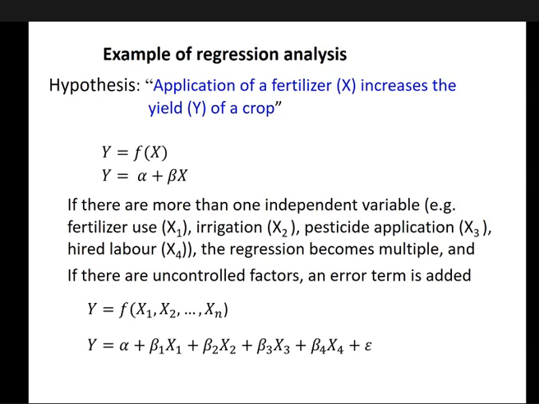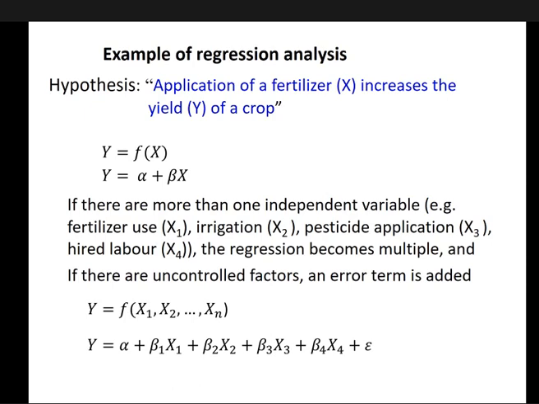That is your function, and the specified equation becomes yield equals alpha, which is the constant. That is the yield you harvest if you don't apply any of these other variables, X1 to X4; still you get that yield alpha.